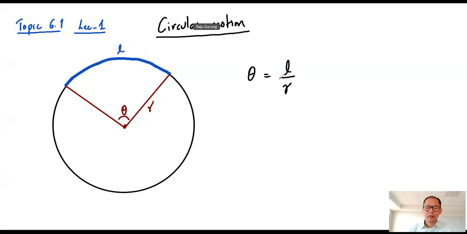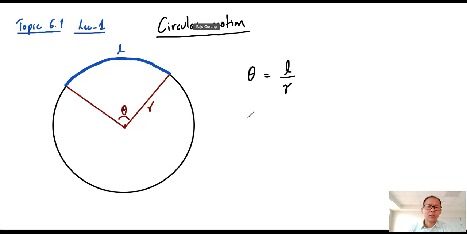If you measure an angle by taking the ratio of two lengths, one being the length of the arc and the other being the radius, then the number that we get, we define as the radian.